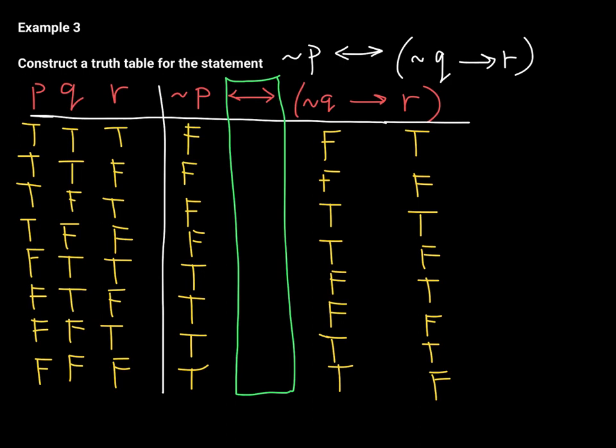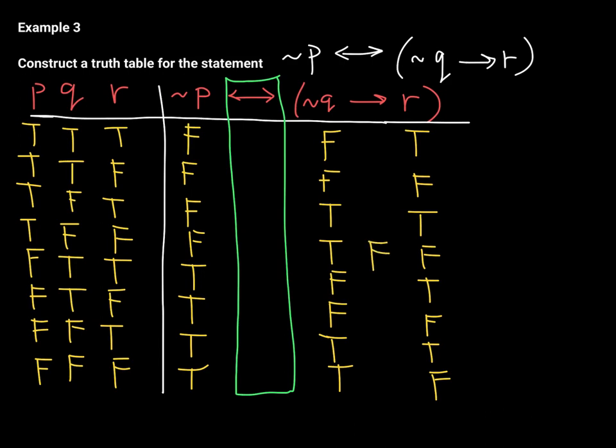All right. Now let's fill in the truth values for this conditional. Remember that a conditional is true every single time, except for when the antecedent is true and the consequent is false. So I'm just going to look for that case. Here it is, case number 4. The antecedent is true, but the consequent is false. This is when it's false.